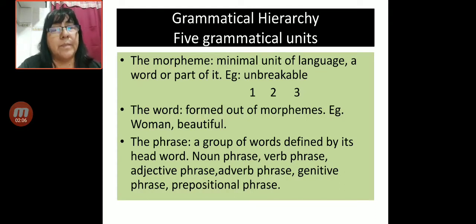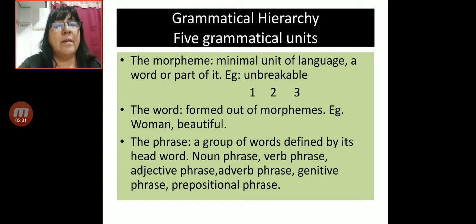For example, the word unbreakable has 3 morphemes. Un, one morpheme, break, another morpheme, and able, another morpheme. 3 morphemes.